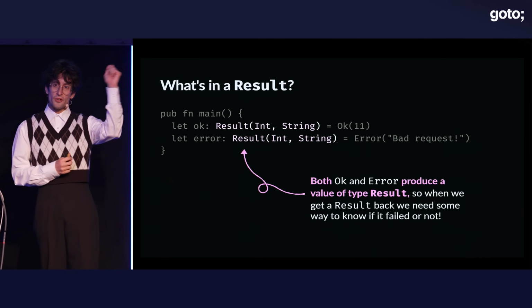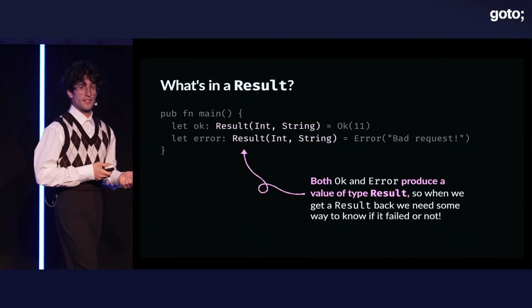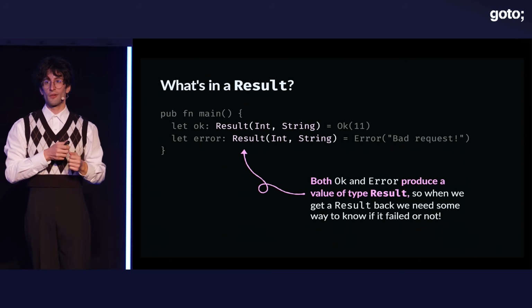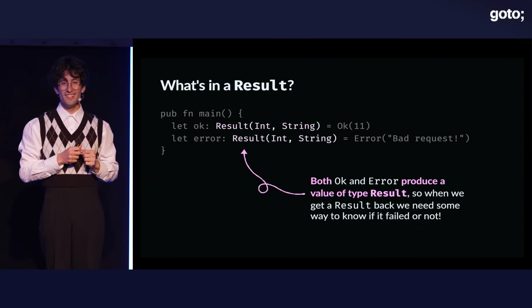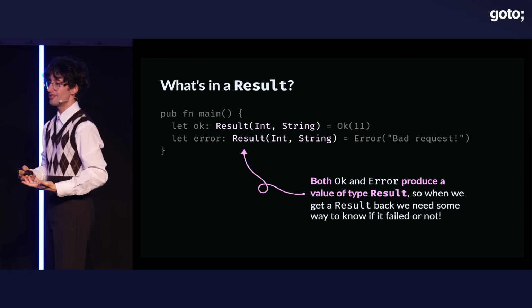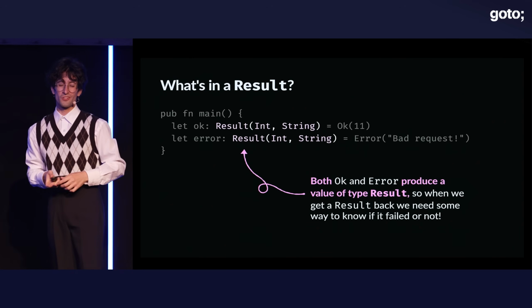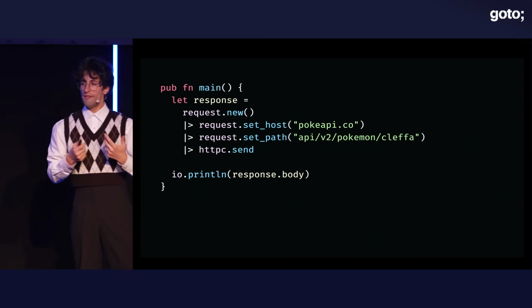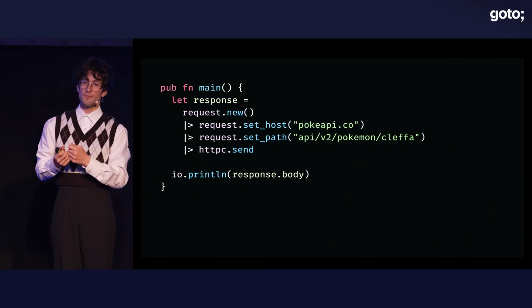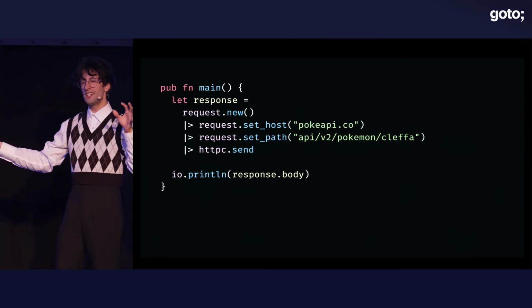And the thing is, both OK and Error are just results. So in this case, we have a result that is wrapping an integer if everything works out fine, that 11, or a string if something goes wrong, and that string might be an explanation in human language of what has gone wrong. So when we have to deal with a result, we have to deal with the possibility that it might be OK, but it could also be an error.